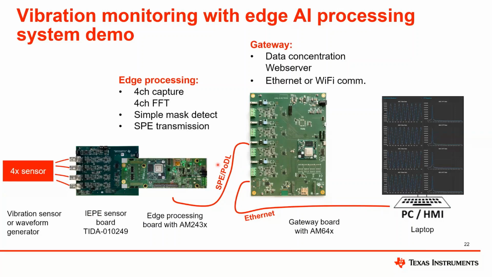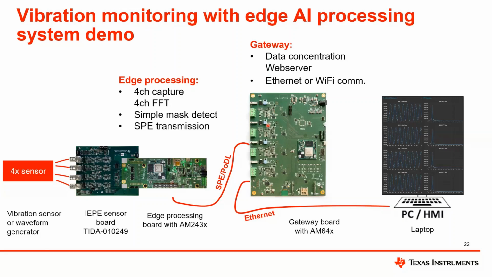So the board is connected to a second board through a single pair Ethernet with power over data line. So this board is transferring data over the same line, which carries the power required. This goes to a gateway board. The gateway board can serve actually 4 of these boards, and it provides the required power and concentrates the data from all the boards.